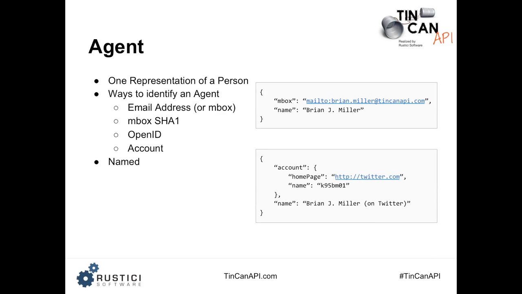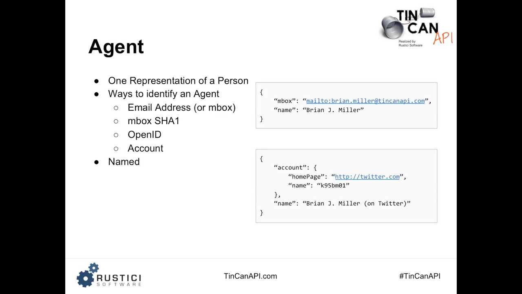On the right side of the slide, we can see that there are 2 types of agents that I've specified here. One is an inbox agent, which shows my mailto with my email address and then a name property. The second example here shows an example of the account object. And the account object is for creating agents that are arbitrary to any system, and that system is required to have a home page, but that home page is not necessarily resolvable.